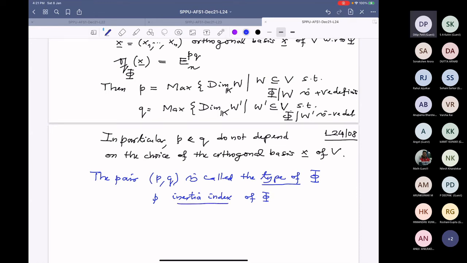And the integer P minus Q is called the signature of phi. And Q, you can say, is called the Morse index of phi.